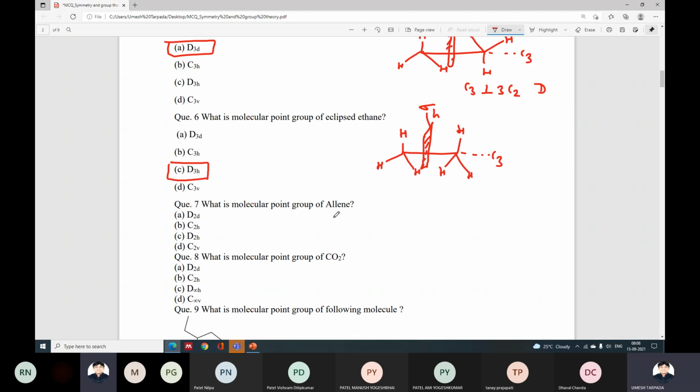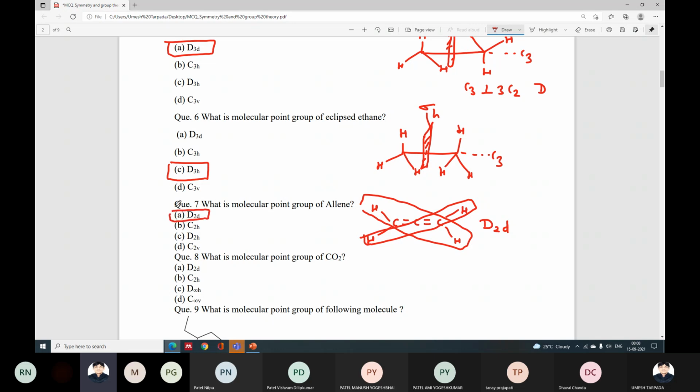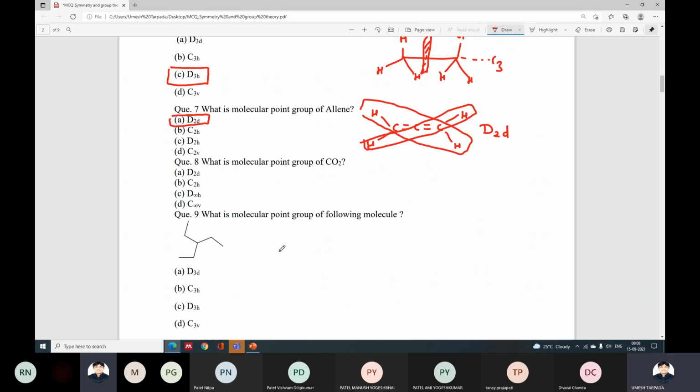What is the molecular point group of allene? D2d. We said that staggered ethane has diagonal planes giving D3d, and allene similarly, with two diagonal planes, is D2d. What is the molecular point group of CO2?